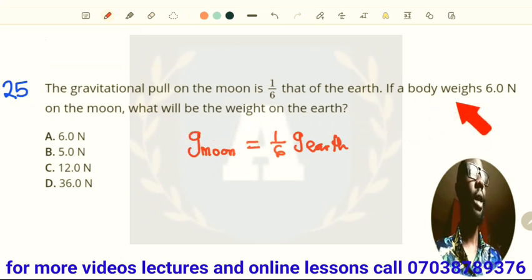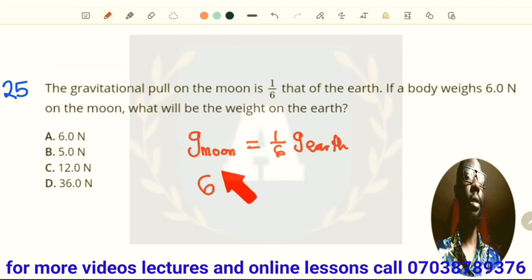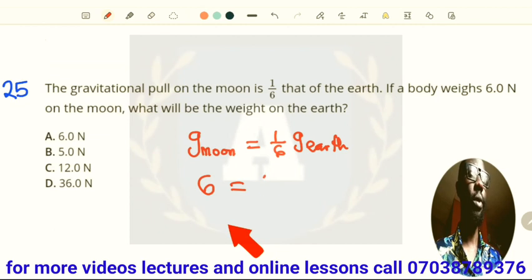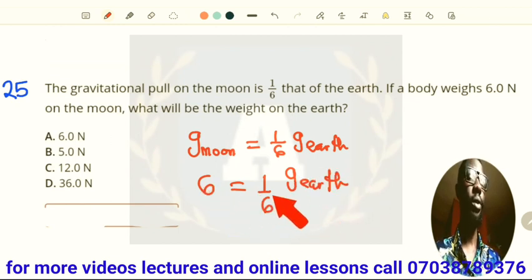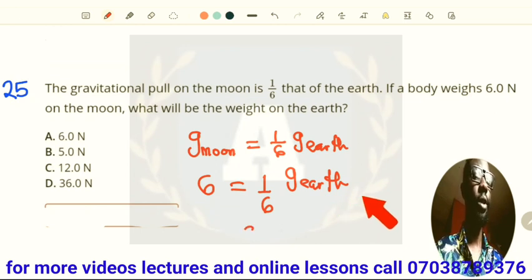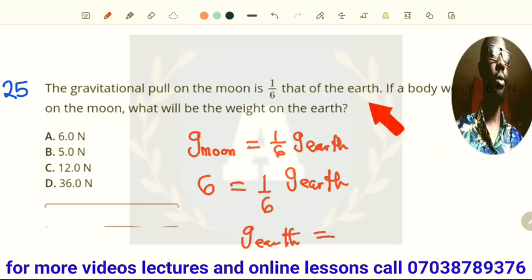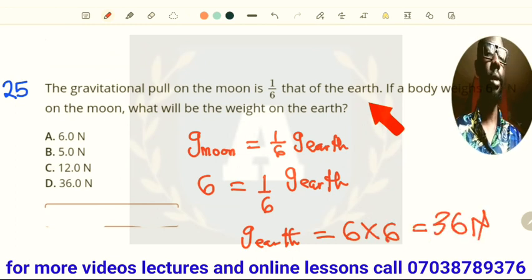So G moon has been given to be 6, equal to 1/6 that of G earth. We are asked to calculate the G earth. To get that, you cross multiply, and your G earth will therefore be equal to 6 multiplied by 6. That is 36 Newton.